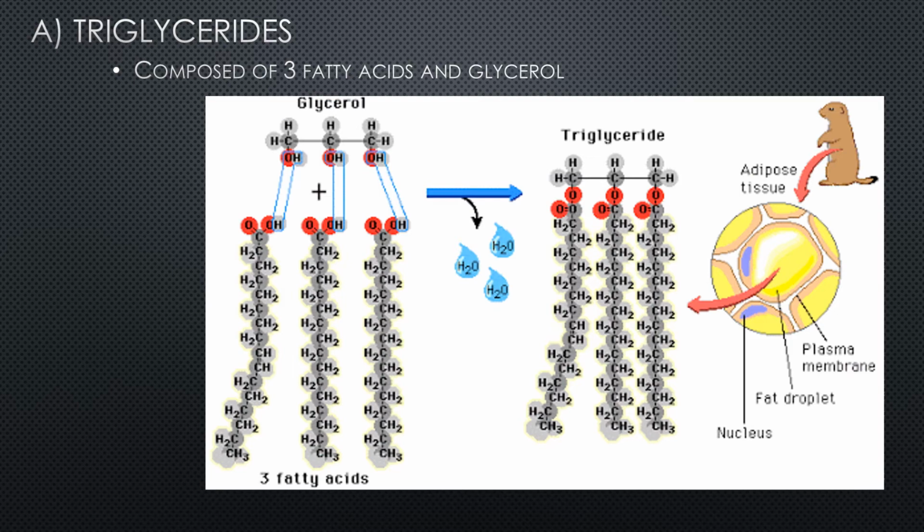And these triglycerides, or fats, are then stored in animals in what we call adipose tissue, or your fat tissue. And that is then used as an insulated layer, and then can be accessed for being broken down to be used as energy when the carbohydrates have been used up.